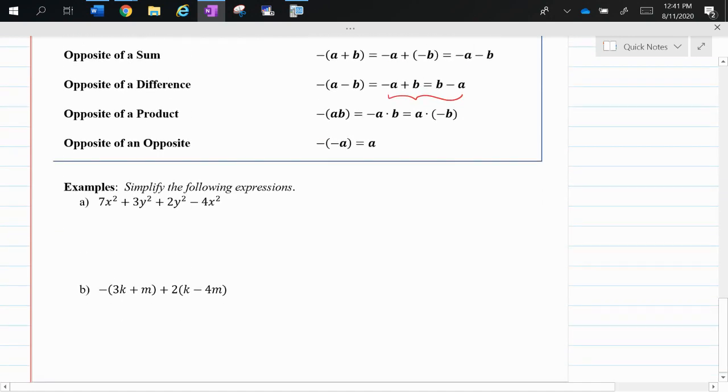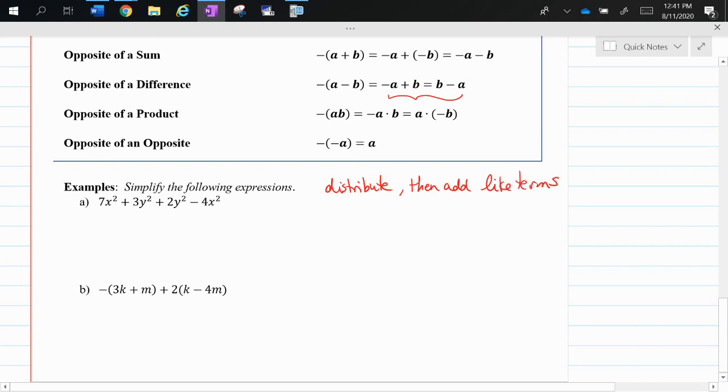So the last two examples, we're just going to simplify the expression. Notice we cannot evaluate these expressions because we do not have a value for the variables. All we can do is simplify. So by simplifying, let's remember always, we distribute and then we add like terms.